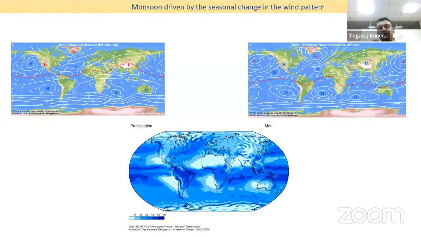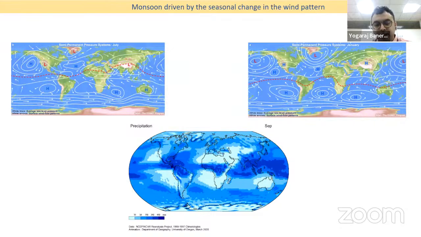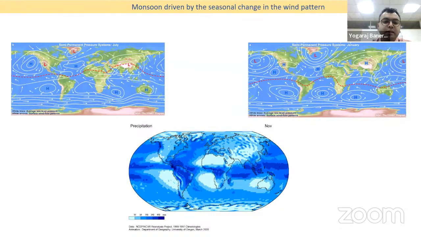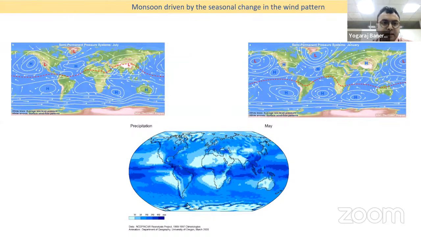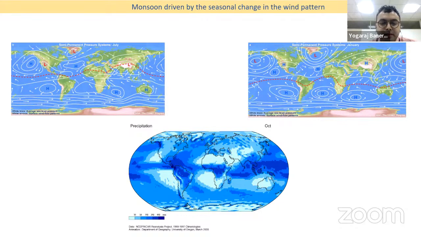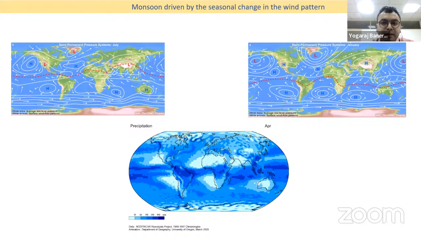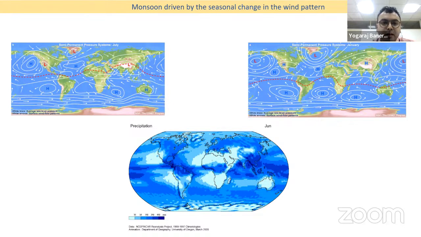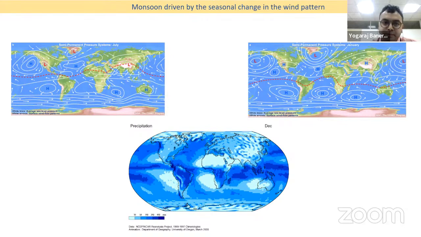If we are thinking about the mighty monsoon, it is actually the reversal of seasonal wind pattern, as we can see from the figures in the upper panel, how the wind directions change during July and during January.